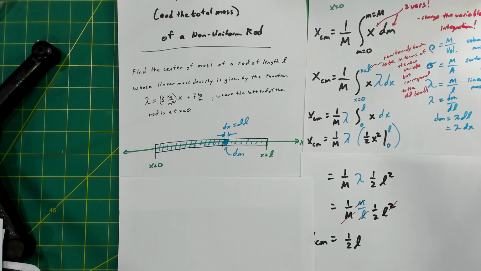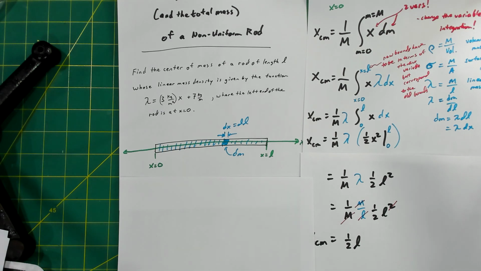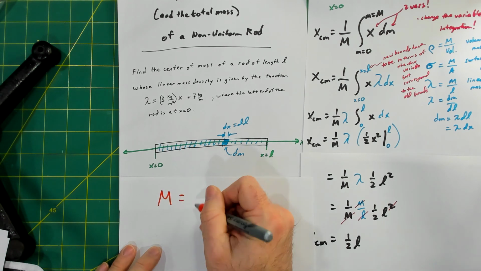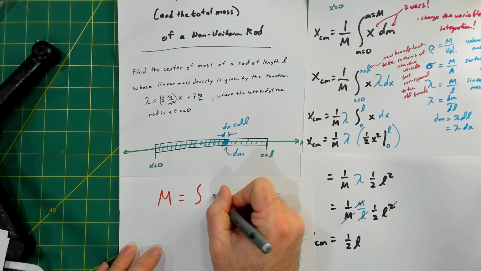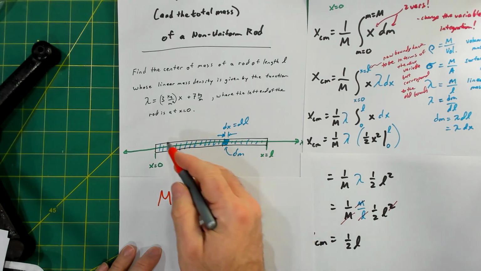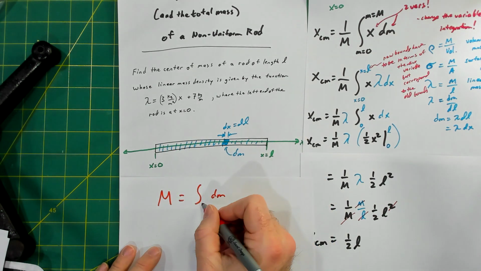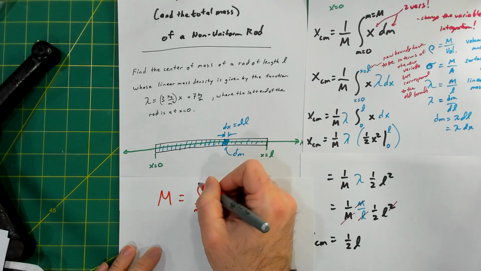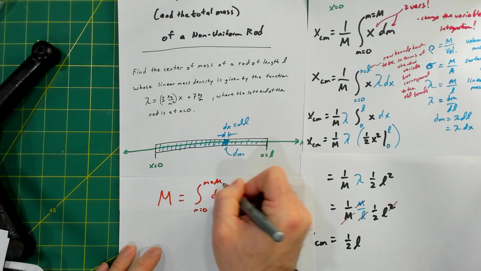The way I find the total mass is, if I want to find the total mass of this thing, isn't it true that I can find it if I add up all the little dm's, the slices, all these little dm's from m equals 0 to m equals big M?